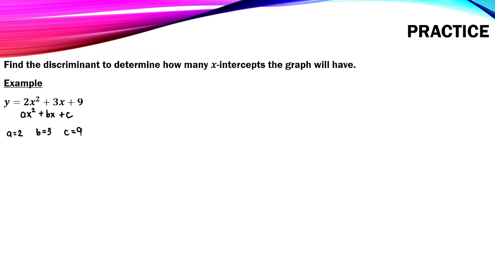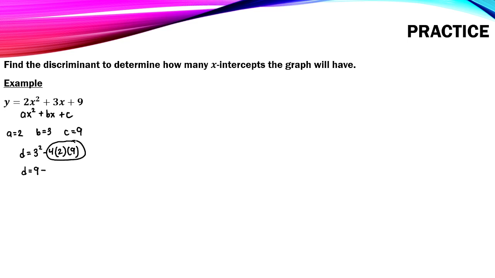So we're going to plug that into our discriminant again. So our discriminant is b squared, which in this case is 3 squared, minus 4 times my a, which is 2, times my c, which is 9. And now I'm just going to evaluate this. 3 squared is 9. I keep the minus sign there.